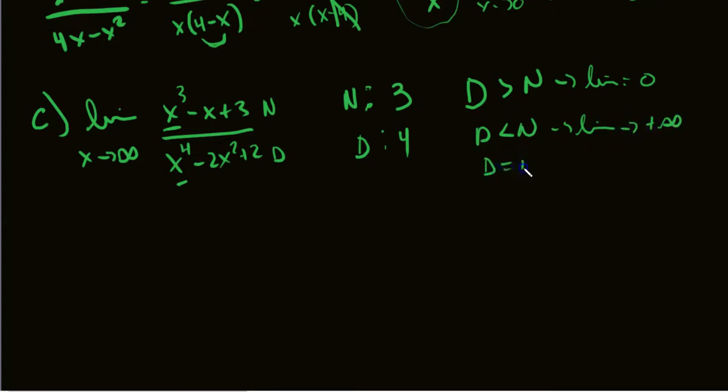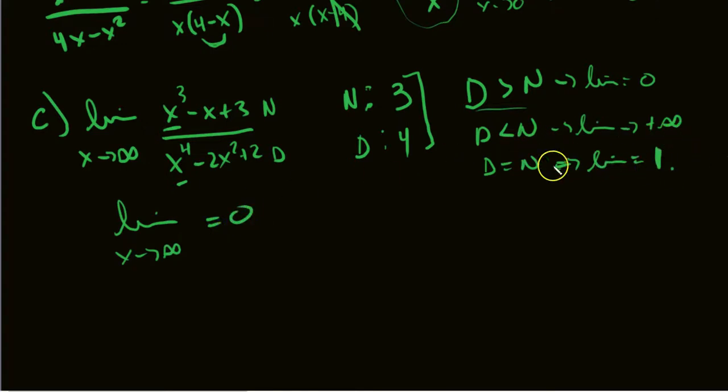And if d and n are the same, the limit equals 1. Looking at this, we have 3 and 4, so d is greater than n, so the limit as x approaches infinity equals 0.